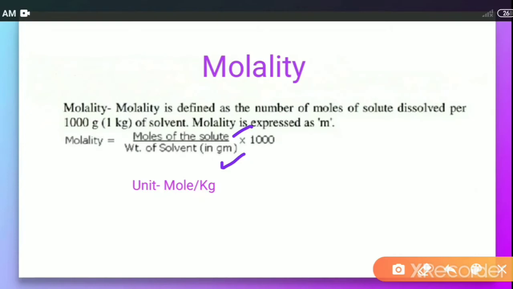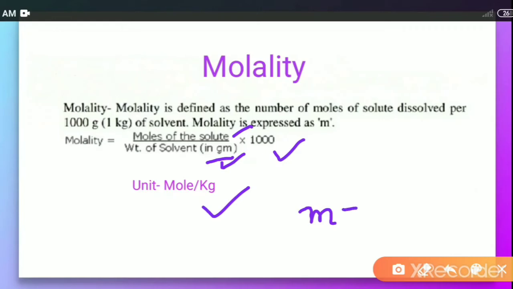That means in the previous one we are taking volume of solution, but here we are taking the mass of solvent. And when we are taking the mass of solvent in terms of gram, at the time you have to multiply with 1000, because always the molality is expressed in terms of mole per kg. So what is the formula for molality, which is represented by small letter m?